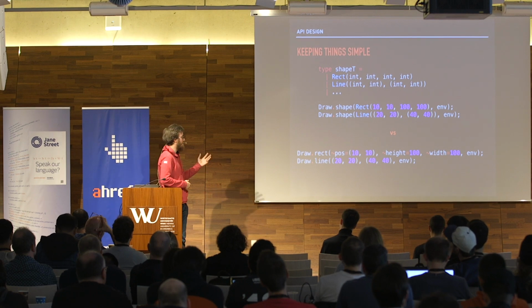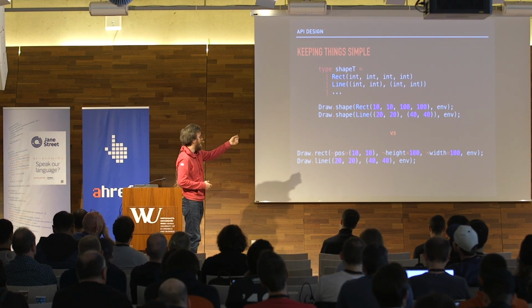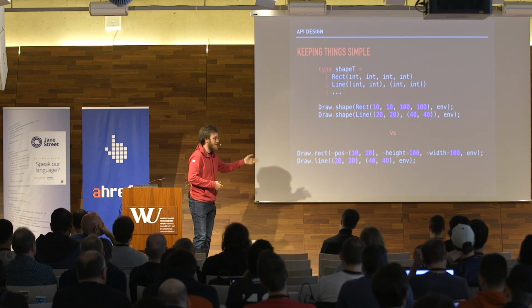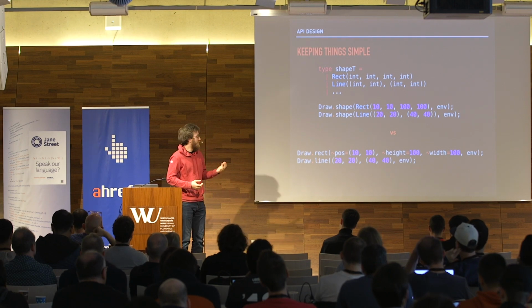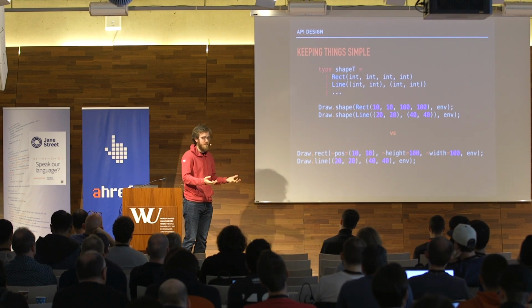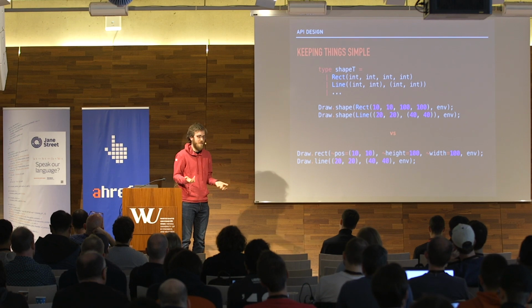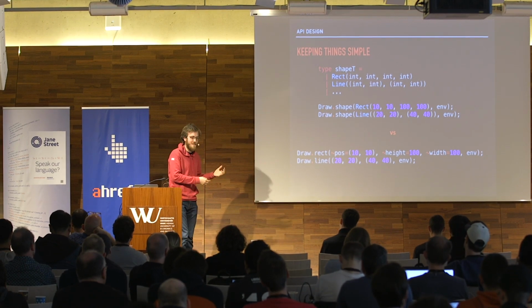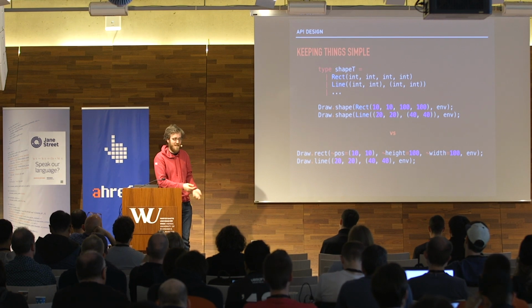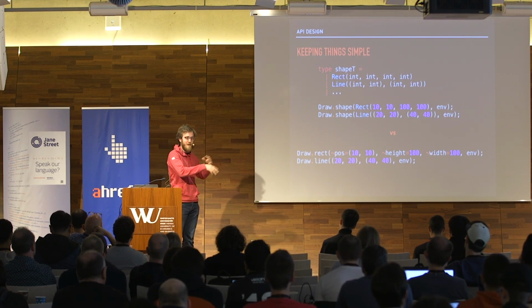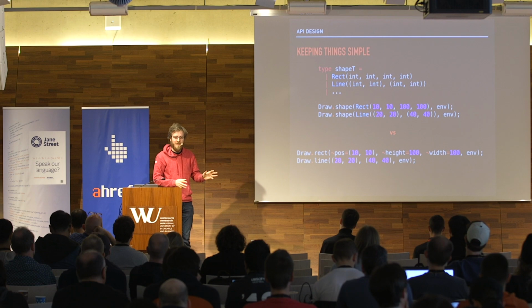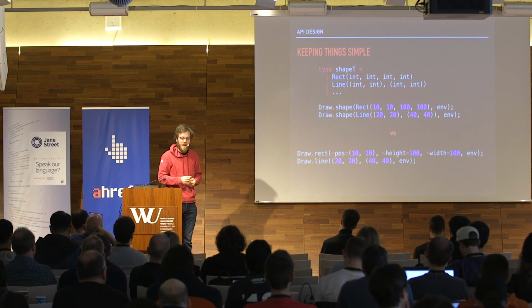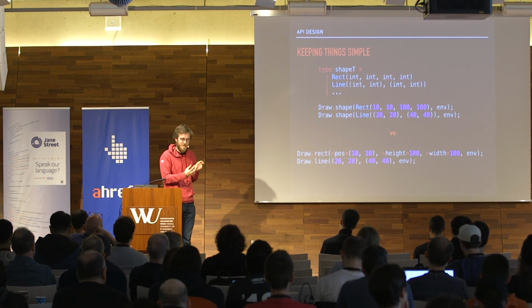You could maybe get around that by hiding this variant constructor behind a function, but then you've got a rect function, and your user doesn't know what it does. Is it doing some data calculation behind the scenes? Should I be caching the result of this thing and shoving it in the state and remembering it over time? It becomes a little bit complicated, like how should I be curating this chunk of data?